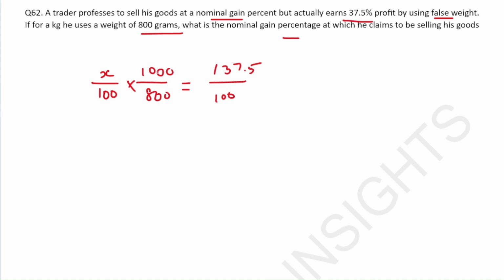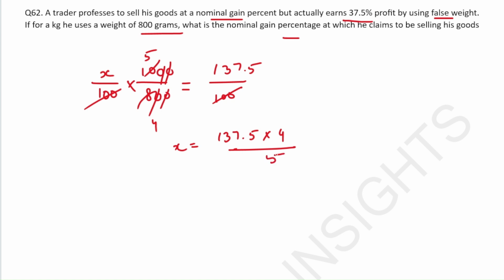So you cancel whatever is possible. So this can be cancelled. And then this will be 25, 24. So X equals 137.5 into 4 divided by 5.